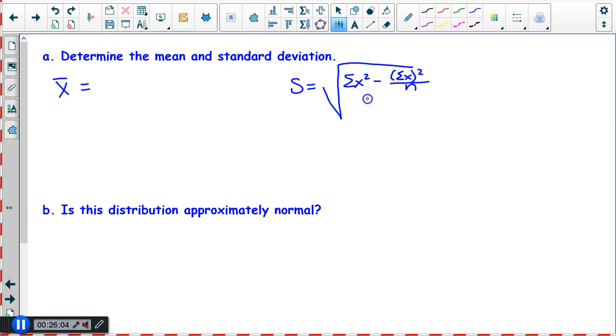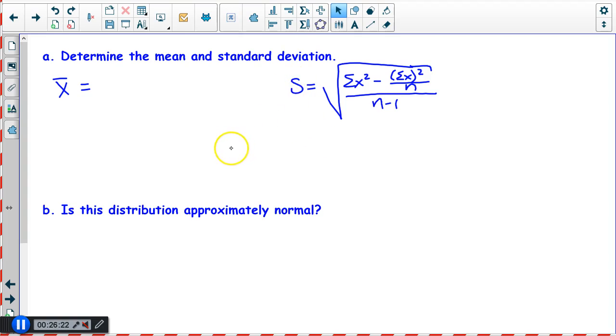Then you divide by n, then you divide by n minus 1. I was trying to say 9. It's n. Okay, so remember, you can use your calculator to get your sum of your x squared, right? And to get your sum of your x's, remember? I know y'all are all thinking, well, we can actually use the calculator to find s. I know you know, but you don't get to do that till second semester, so.